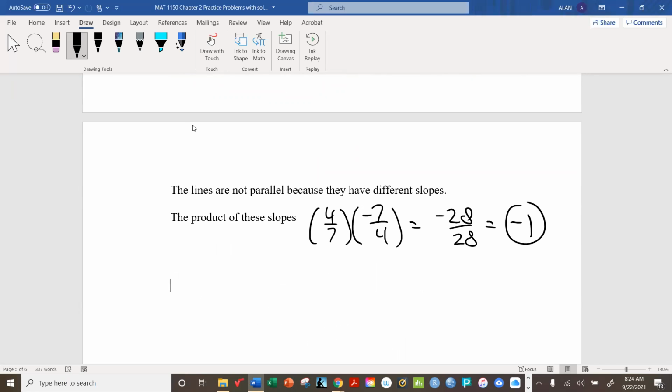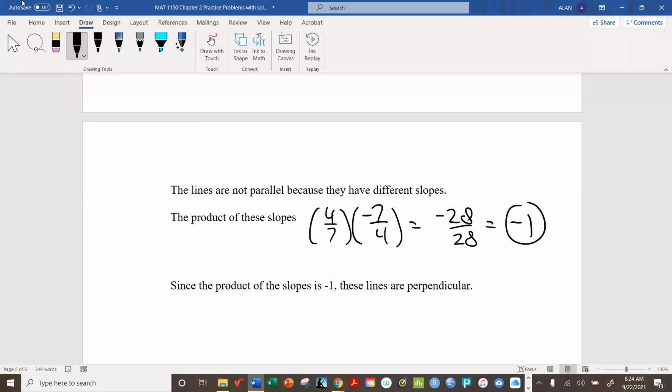Negative 1. And because the product of the slopes is -1, that implies that these lines are perpendicular. That's what perpendicular actually means. It just means wherever they cross, there'll be a right angle between them. So they're perpendicular.